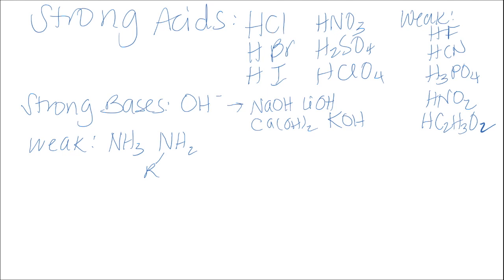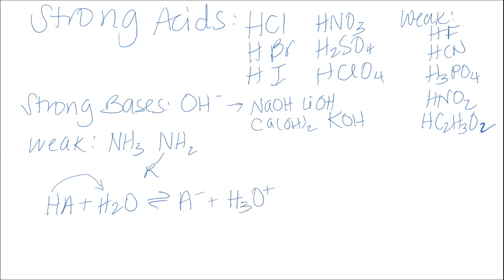So you just got to know it. And then how to identify water as an acid or a base. So water will be whatever it has to be in order to make the reaction happen. So if it's with an acid, it's going to be a base because that's how the reaction happens. If it's with a base, it has to be an acid. So let's say you have this imaginary fake acid and you add it to water. And so acids like to donate, so he's going to give the hydrogen to water, and so we have A- plus H3O+.